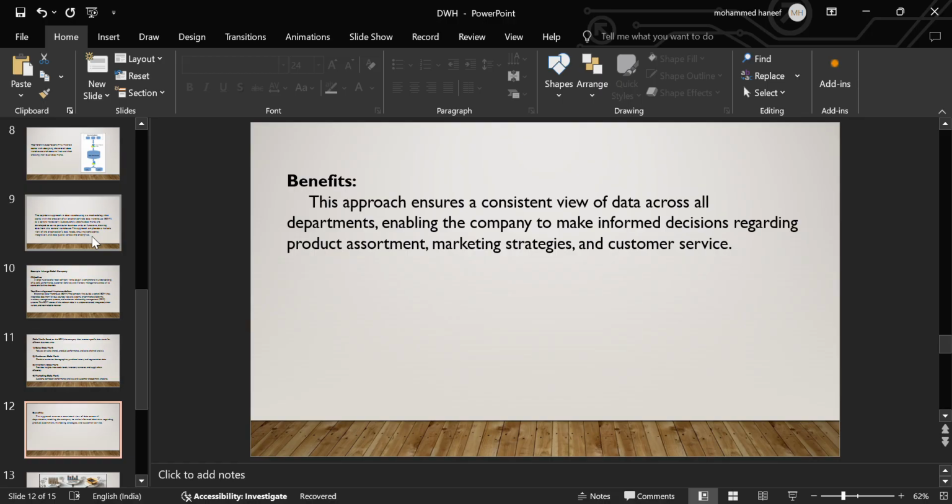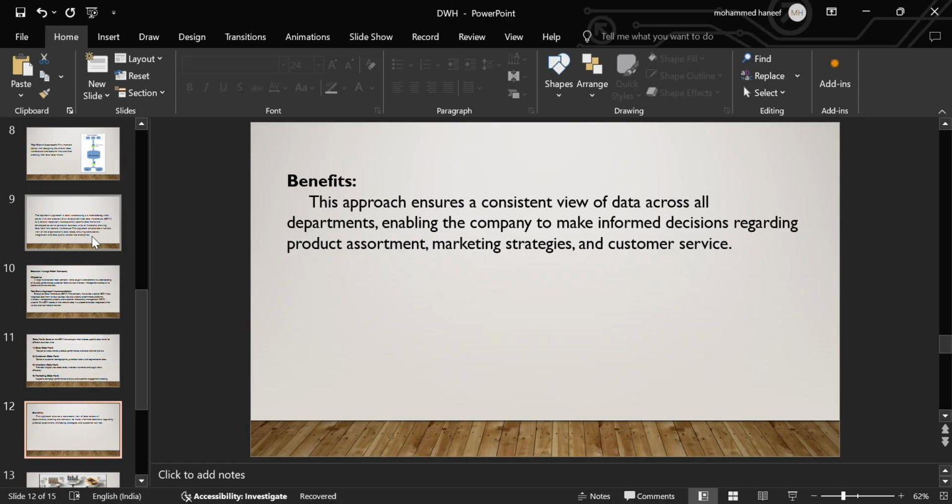But what I see here is that it will take some time to reach the data to the business team, because first it has to be processed in the EDW and then it comes to the data marts. So that is one thing I see here, the gap, I mean the delay. Apart from that, yes, it is good actually.